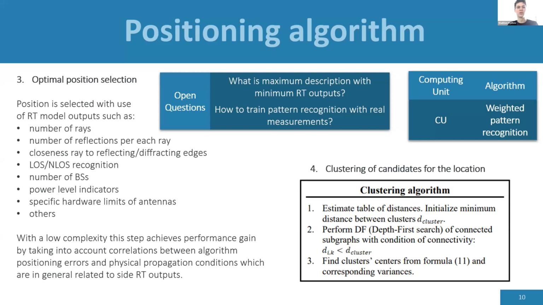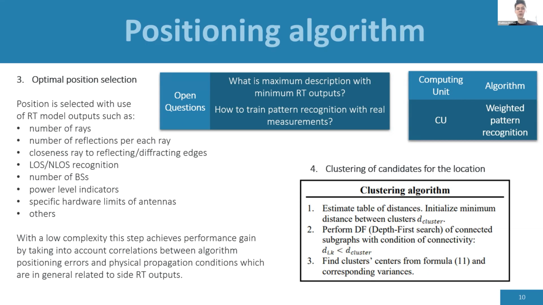We proposed optimal position selection, which is based on different metrics from the ray tracing model: the number of rays, the number of reflections of rays, the number of reflections per each ray which we got from buildings, maybe the closeness of a reflected or scattered ray to the edge of the building, simple LOS and NLOS recognition. This will be studied and uncovered a bit later.